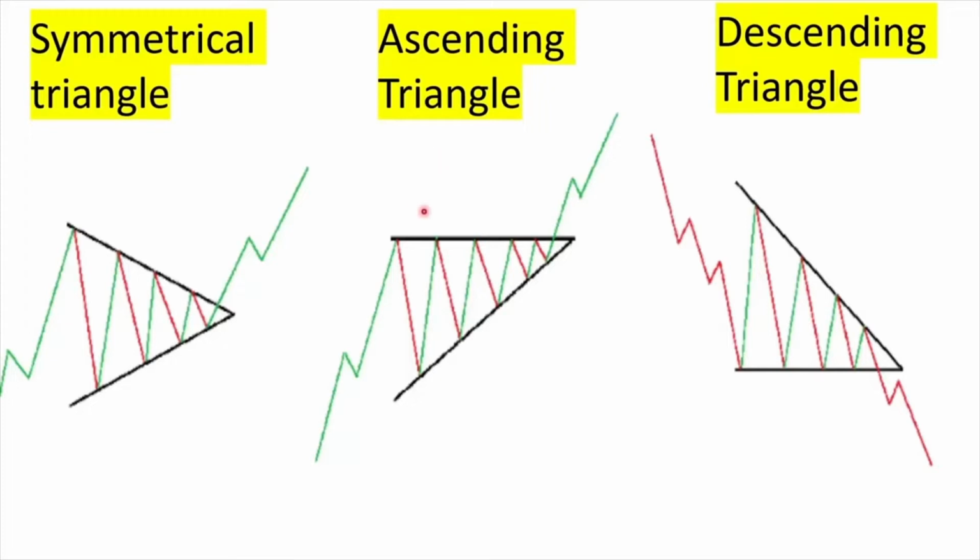The ascending triangle. Now what happens in this case? We have the buyers, and the price hits a certain point. Now the price rejects, but the buyers enter the market again. Remember that we are talking about an ascending triangle, so the price will go sky high after this.